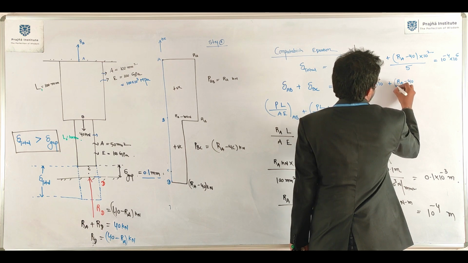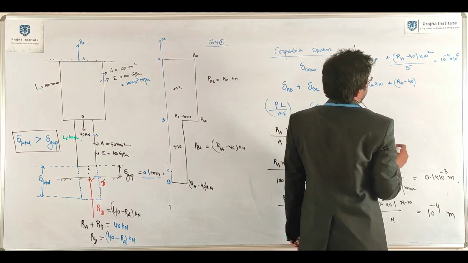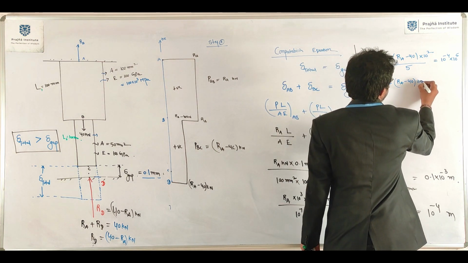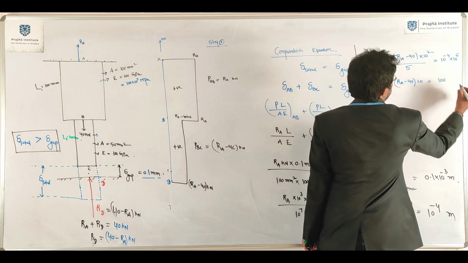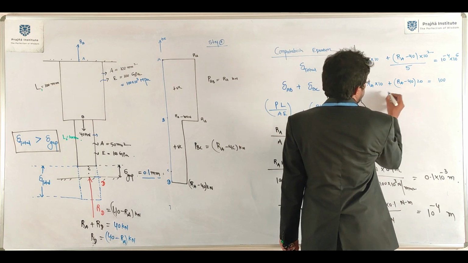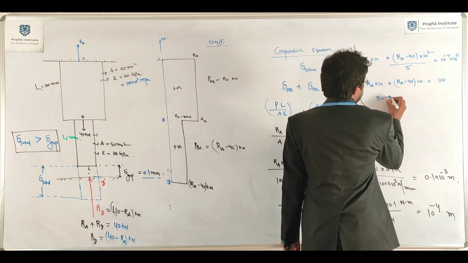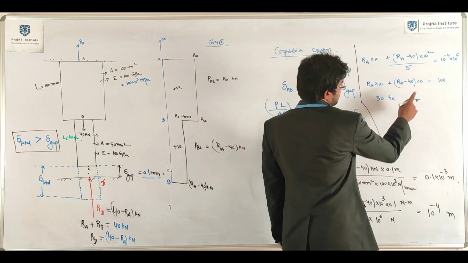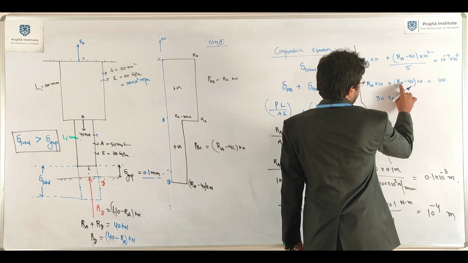RA minus 40, 100 in the sense 520. So here you will get 100. Correct? So finally 30 into RA.